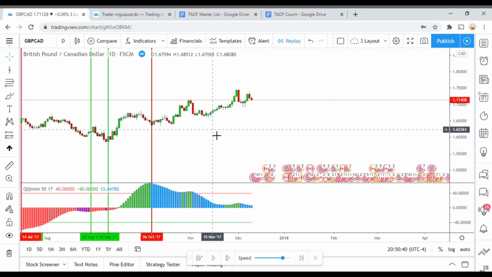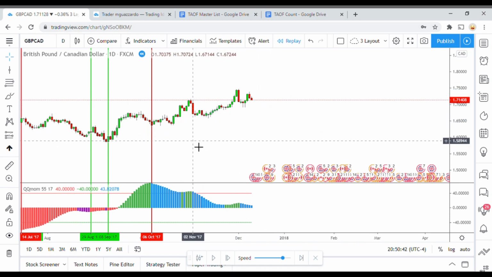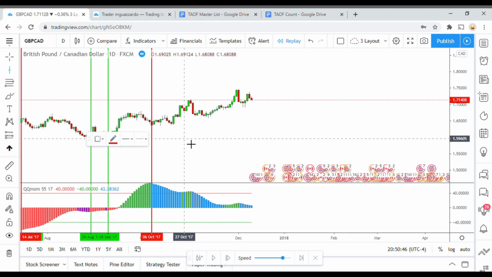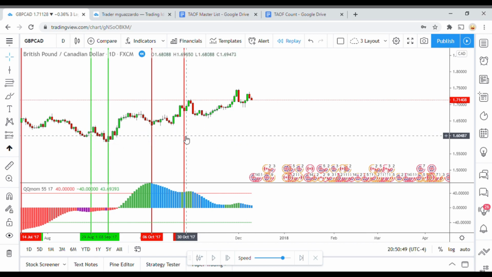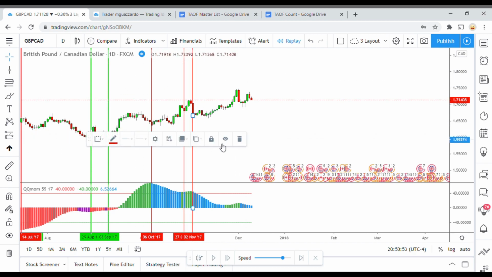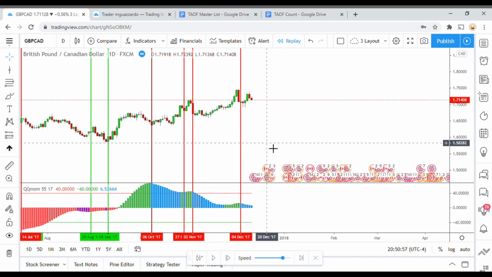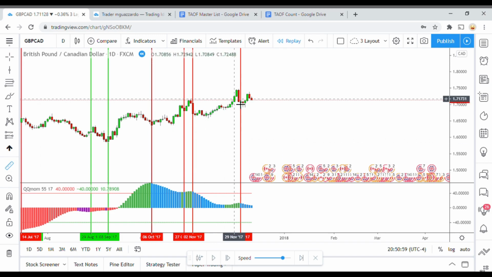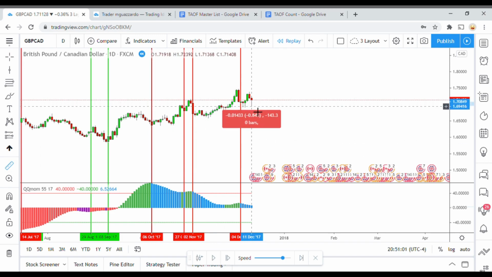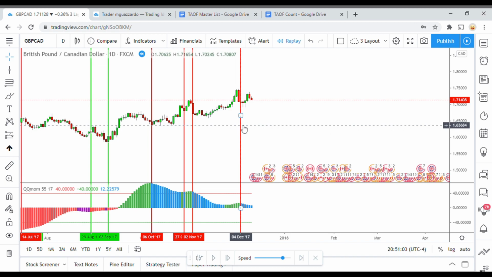Of course, we're on a daily time frame, and so it may not be quite as significant as it might be on a lower time frame. This thing's just taking a hammering here. Yeah, that one worked out for us.